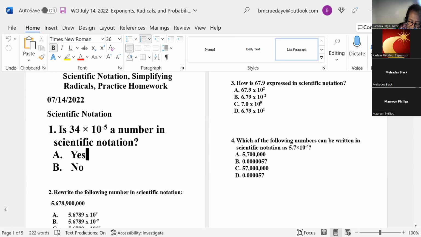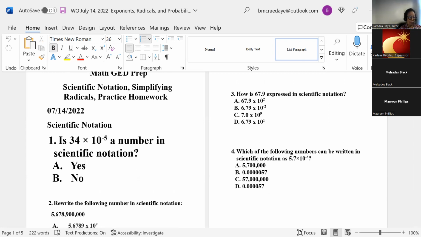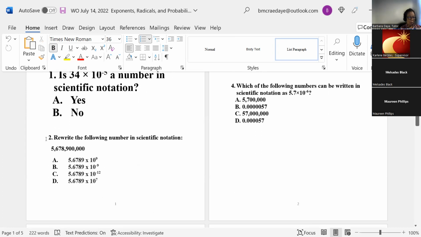Now the second one, let's see. Okay, Maureen, both of you had it. I'll bring it up and then I'll make it bigger. That was a rewrite: rewrite the following number in scientific notation. I think you all had that one right.